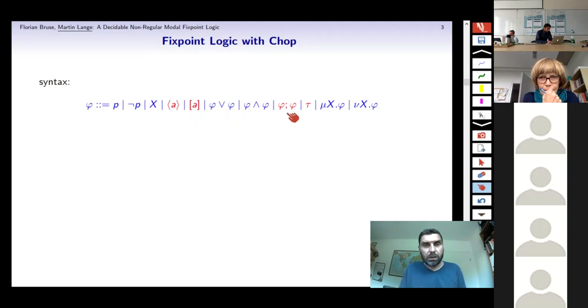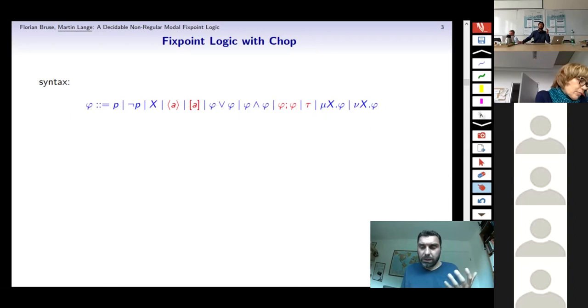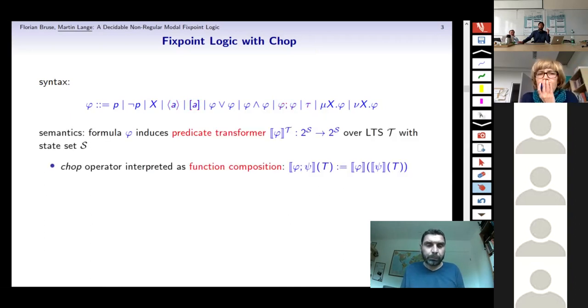Then there is this additional sequential composition operator, giving the logic the name chop, and then there is this additional constant tau, which stands for termination. That's just pure syntax, and I'll get to an example in a moment and see how this can be used. Just a small comment on the semantics of this logic.